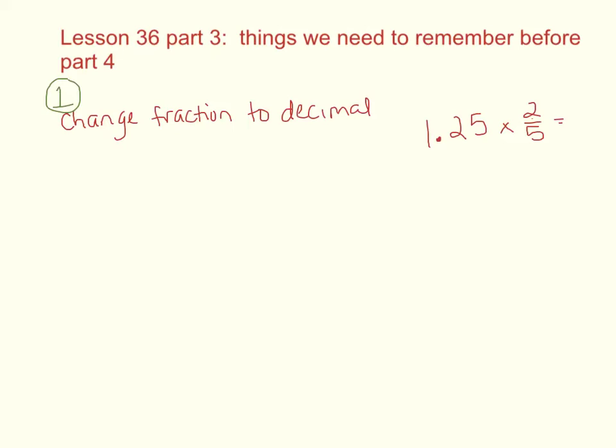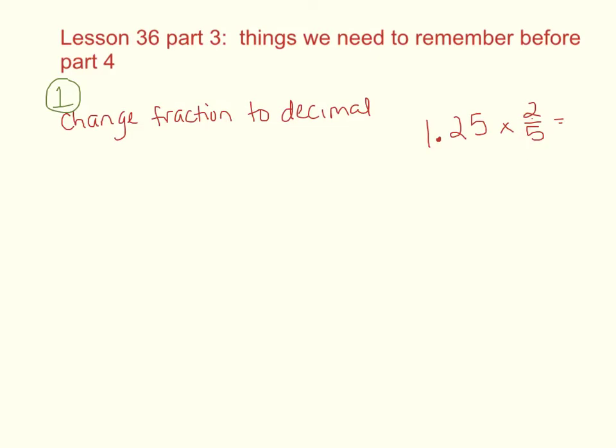The first thing we need to remind ourselves what to do is how to change a fraction into a decimal. We've learned this before, but I'm going to refresh this because as you get into Part 4, some of your order of operations might include something like this, 1.25 times 2/5. So you have a decimal and you're multiplying it by a fraction.